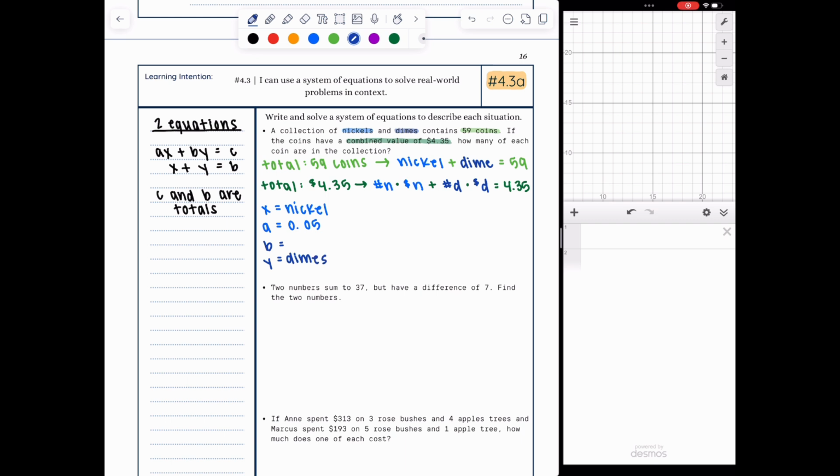And then as a decimal, because we're not writing cents with the cent symbol, we're using 0.10, because each nickel is worth 5 cents and each dime is worth 10 cents. So now I have two equations. The first equation is going to be how many coins are in the collection, and the second equation is going to be the actual value of that collection.